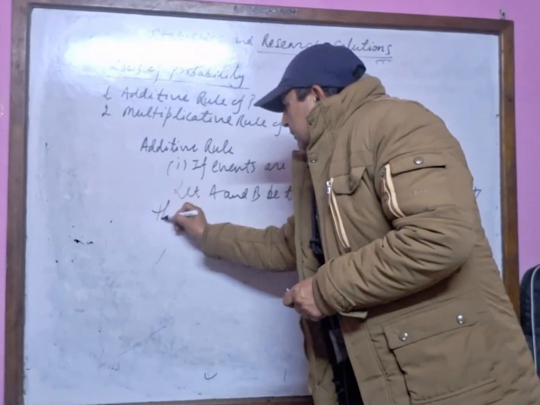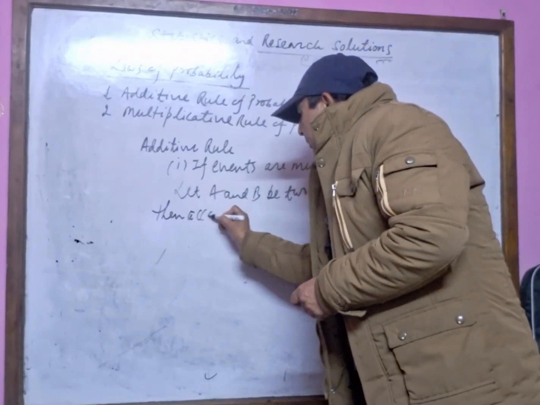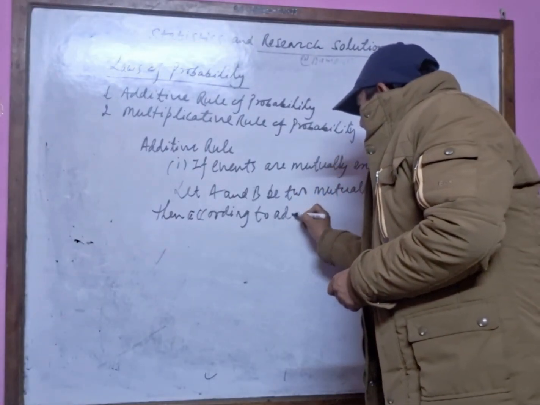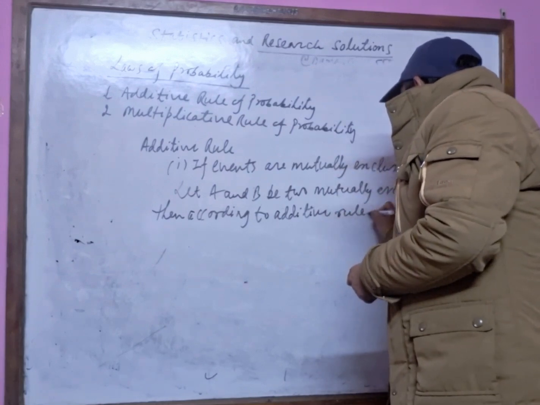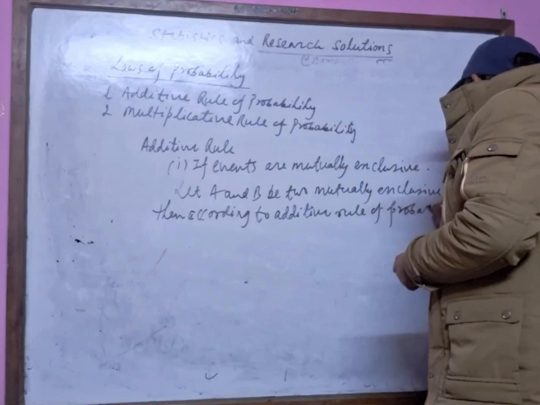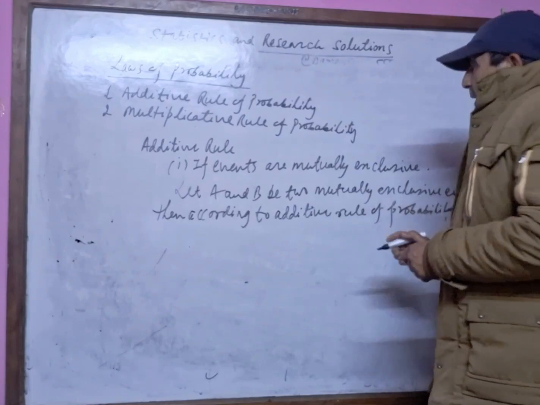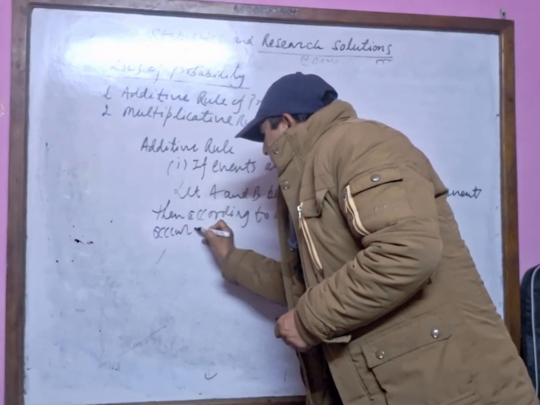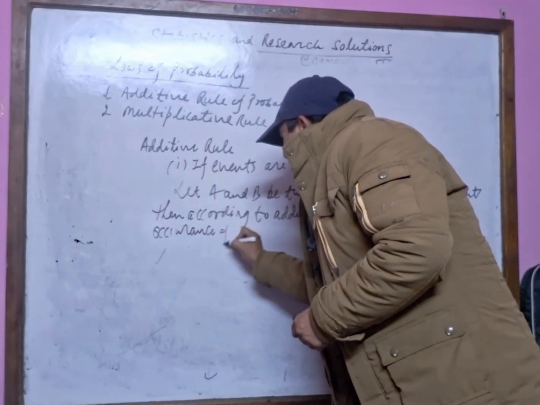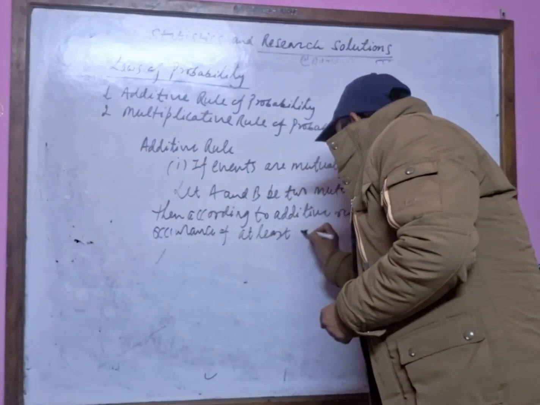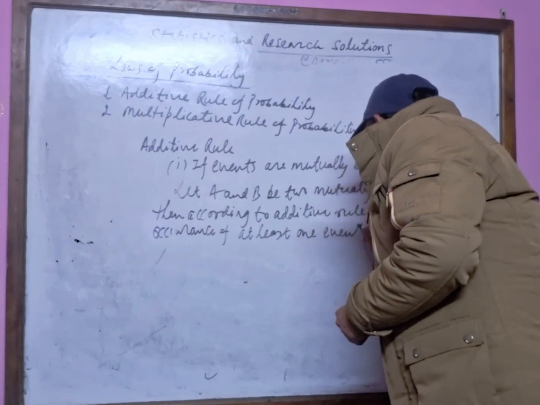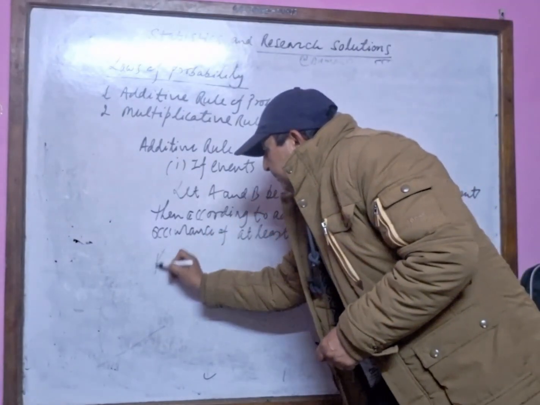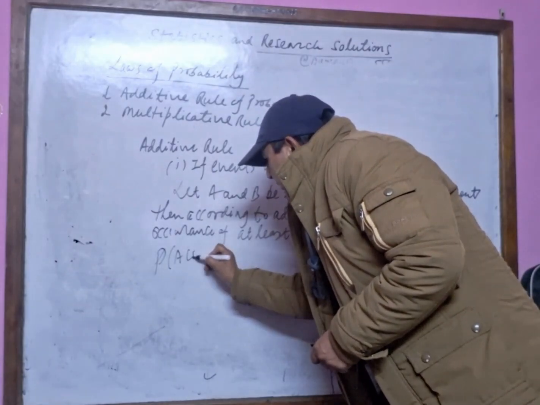Then according to the additive rule of probability, the occurrence of at least one event is given by P(A union B).